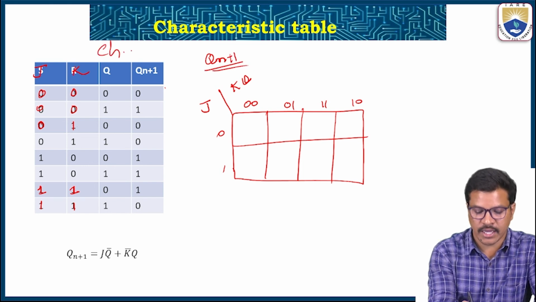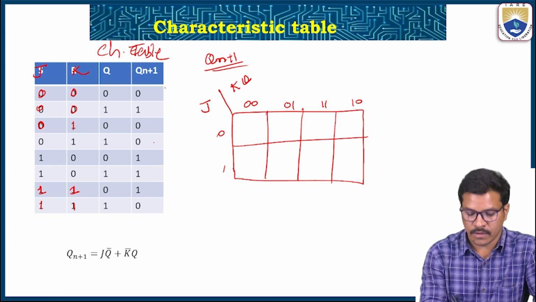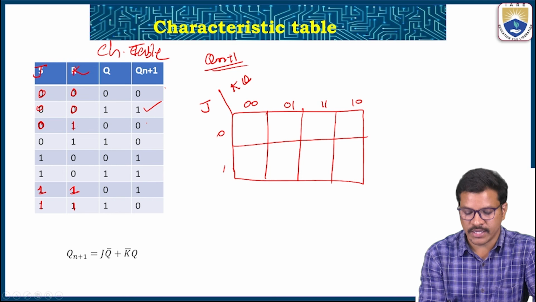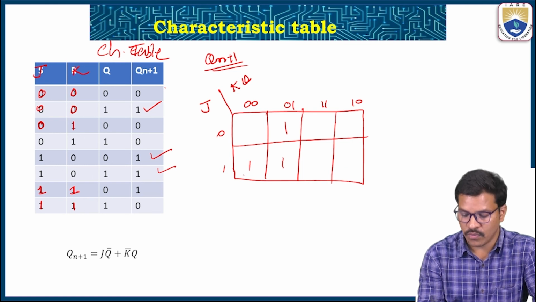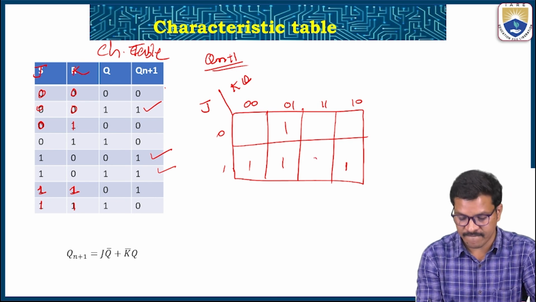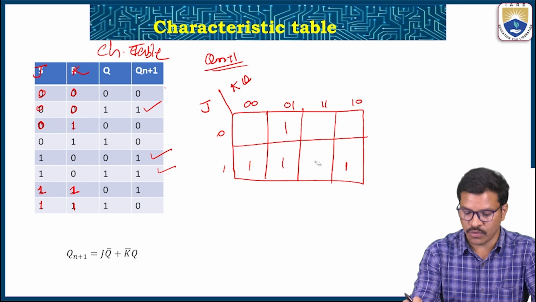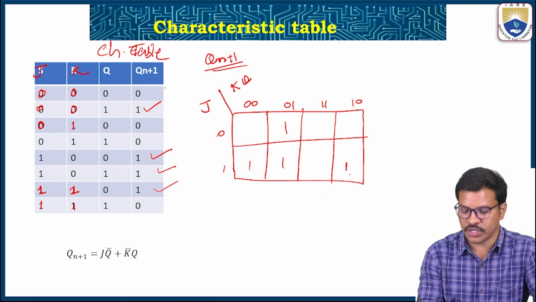Wherever there is logic 1, put 1 in the square boxes for that combination: 001, 100, 101, and 110 are logic 1, and 111 is logic 0. So there are only four 1s.